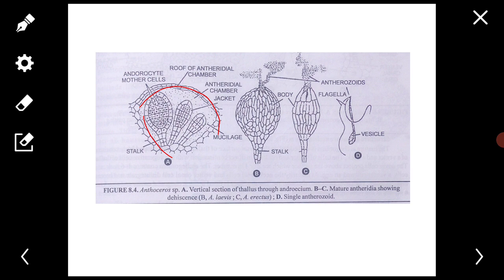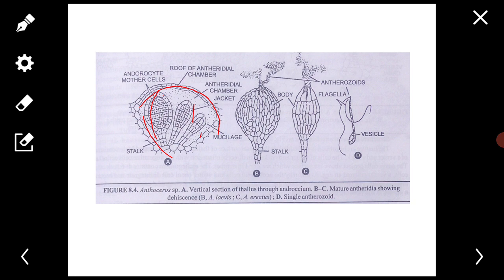That closed cavity is called the antheridial chamber. The antheridial chamber consisting of a group of antheridia is called the androecium. The androecia are borne on the dorsal surface of the thallus in acropetal succession.